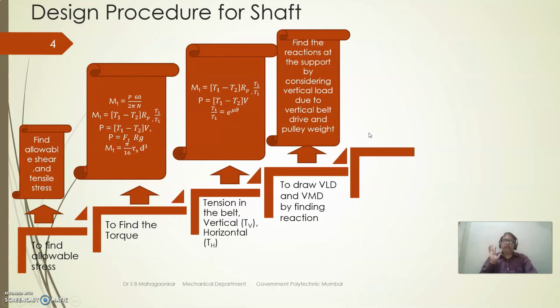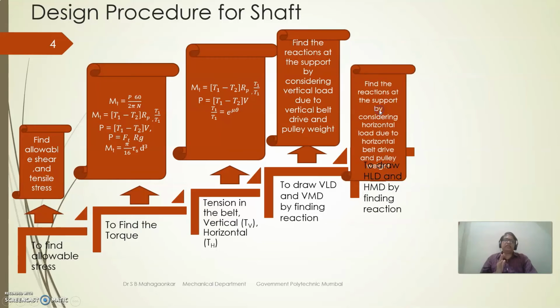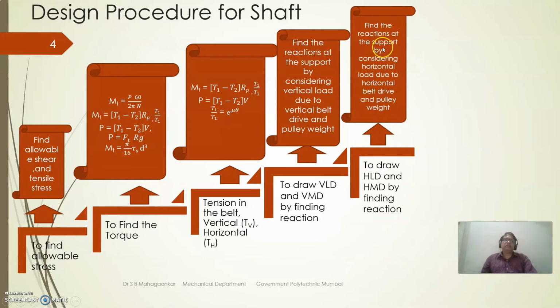So then the fifth step is to draw the HLD, that is the horizontal load diagram and horizontal movement diagram, to find the reactions here. Find the reactions of the support by considering the horizontal load due to the horizontal belt drive and the pulley weight.